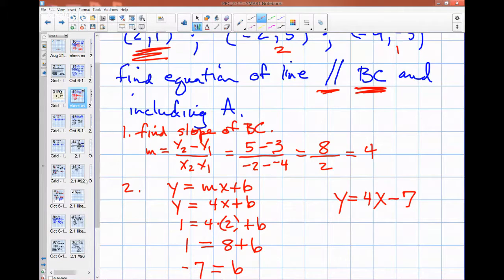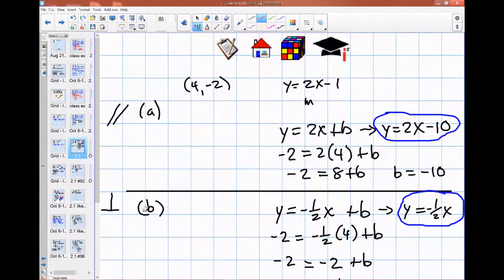Now, let's dig into some of the problems coming up on the assignment. I've got to get to the right page here.